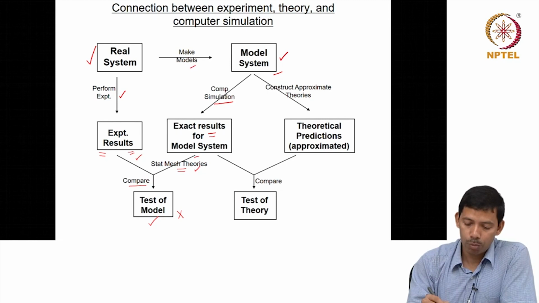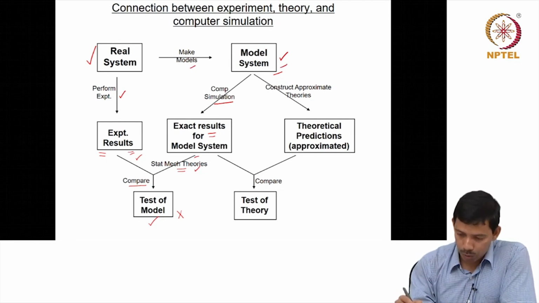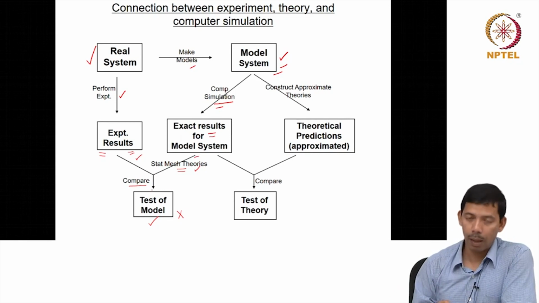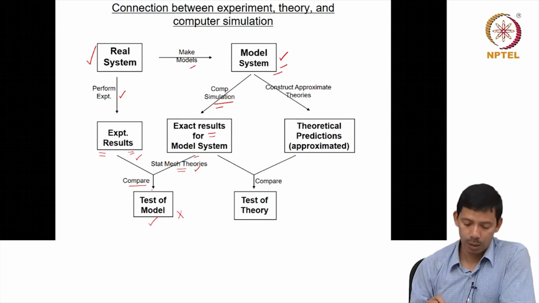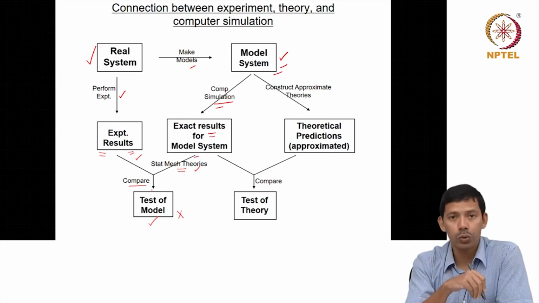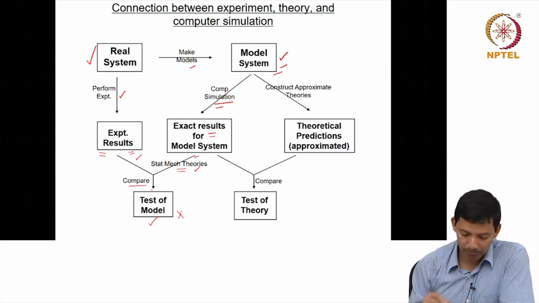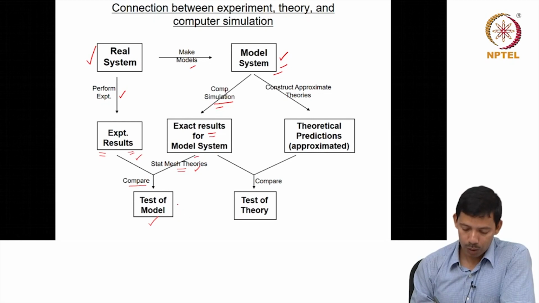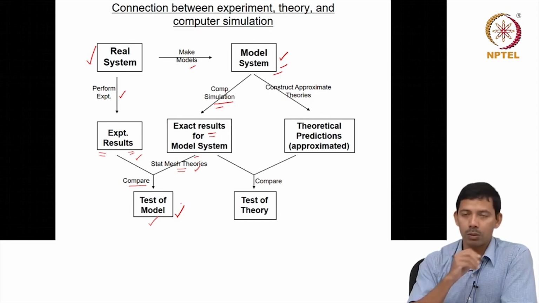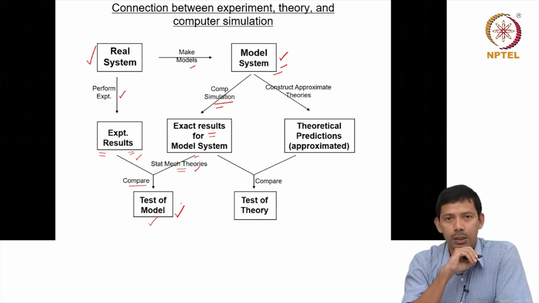So you remake your model, make a new model system, perform computer simulation, get the data, apply statistical mechanical theories to obtain the experimentally known thermodynamic quantities, match them, and now if they compare very well, you know that your model system is pretty good.